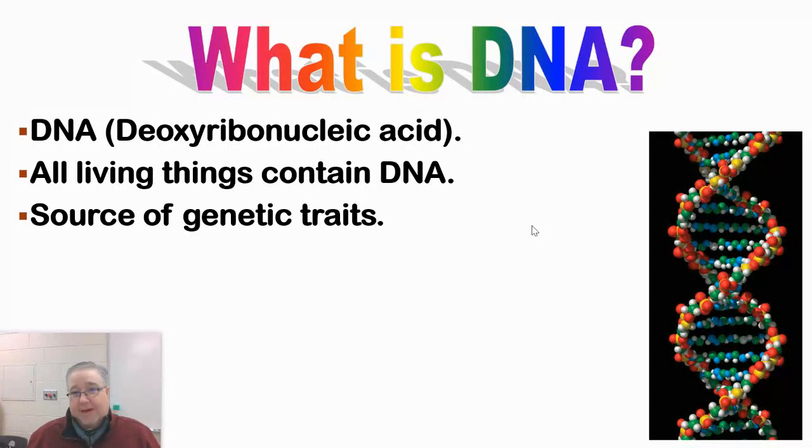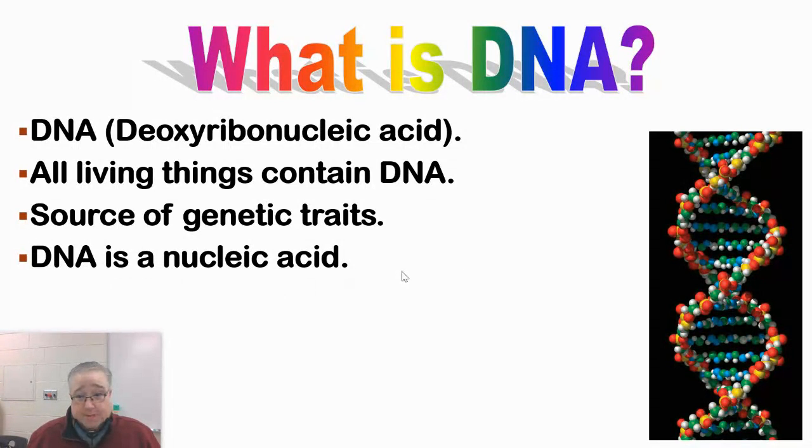Every living thing has DNA. All right, I don't care if it's a plant or a bacteria or a blue whale or a human, we all have it. It's the source of our genetic traits. So all of your genetic traits, your hair color, your eye color, your height, skin tone, if you have any genetic diseases, that's all DNA.